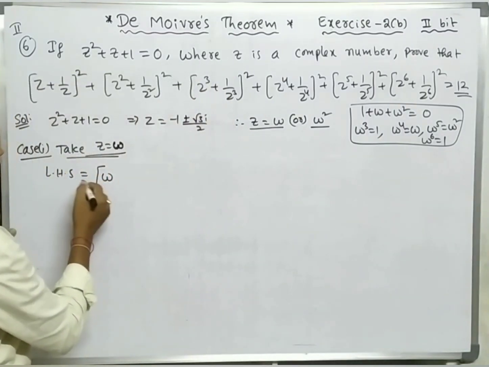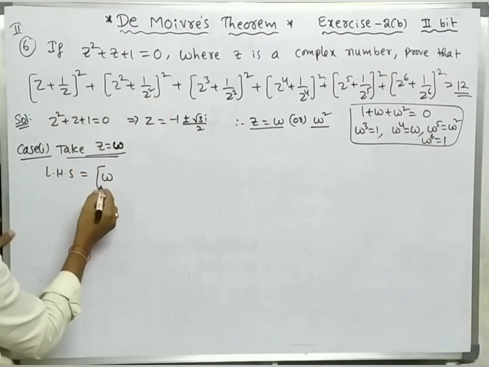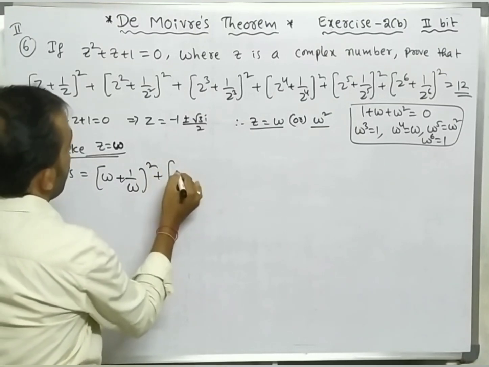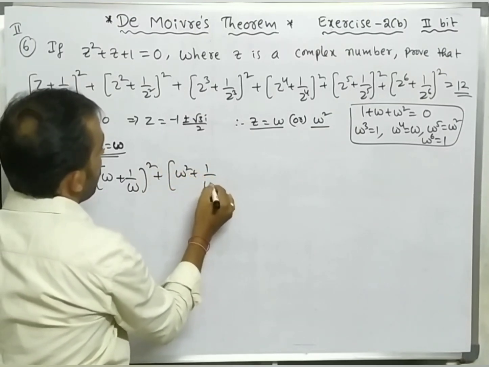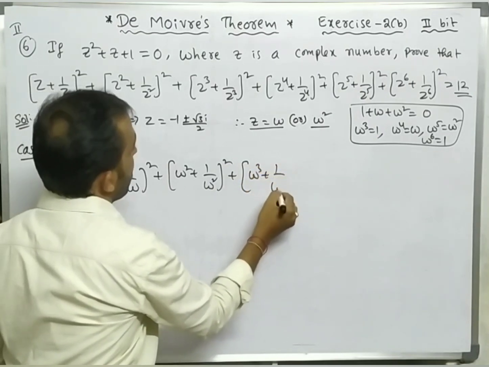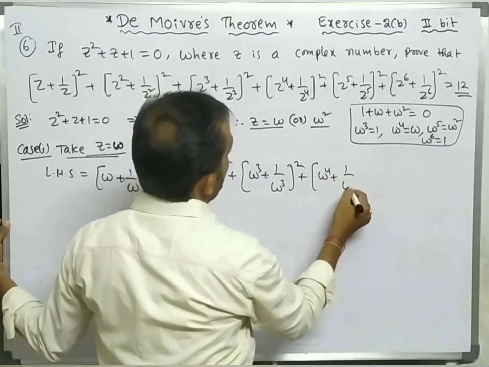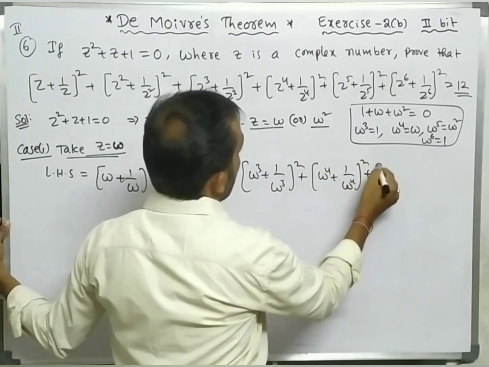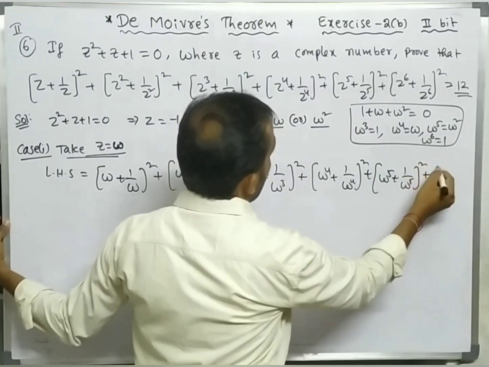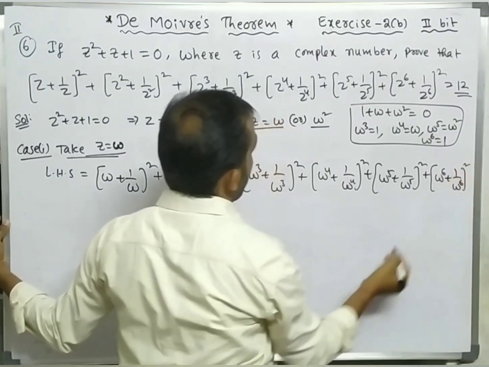Now substitute z is equal to omega in the left hand side part of the given question. 1 plus omega whole square, so omega square plus 1 by omega square whole square, omega cube plus 1 by omega cube whole square, omega power 4 plus 1 by omega power 4 whole square, omega power 5 plus 1 by omega power 5 whole square, omega power 6 plus 1 by omega power 6 whole square.